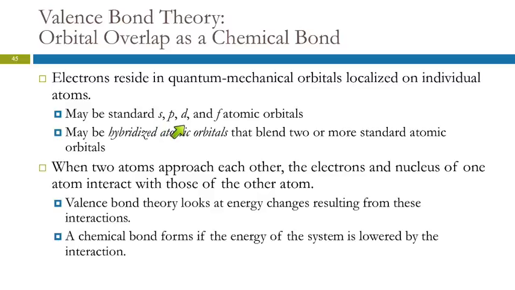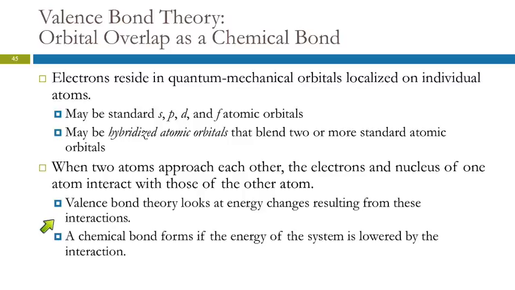We've got the s, p, d, and f atomic orbitals. They have their different shapes, right? And valence bond theory says that we can hybridize the atomic orbitals to make different shapes. So you can take an s and a p orbital and combine them together and you'll end up with a different shape.